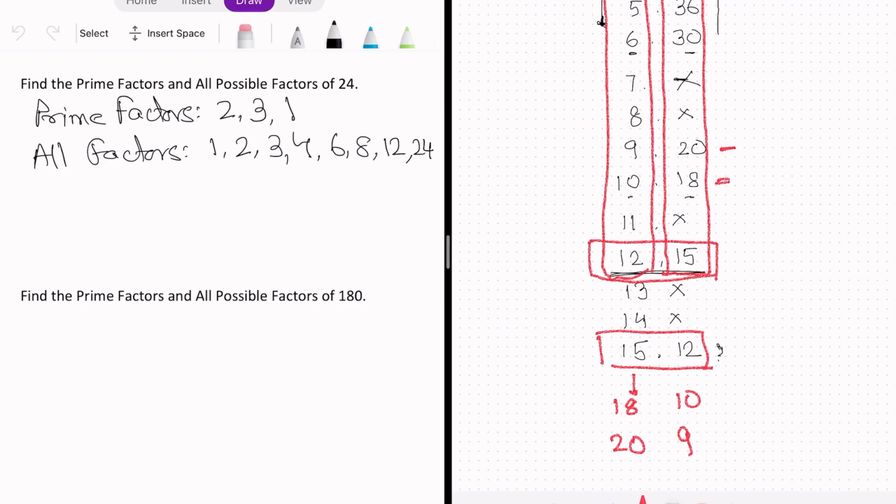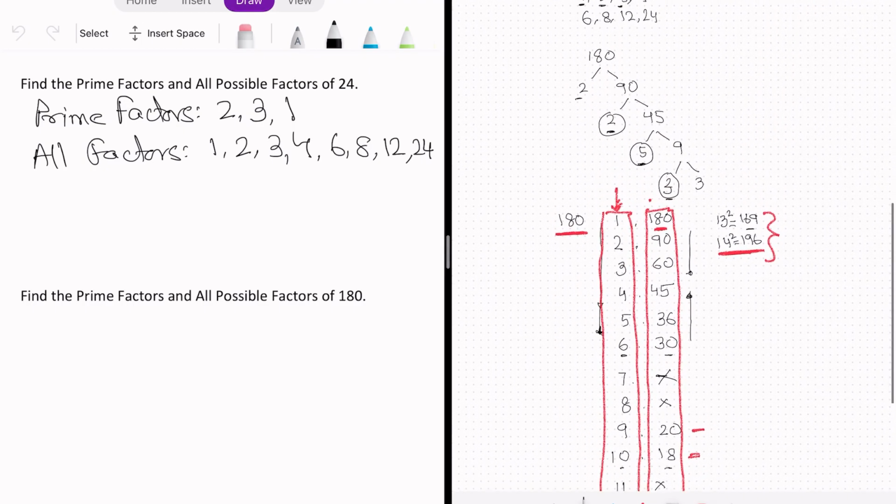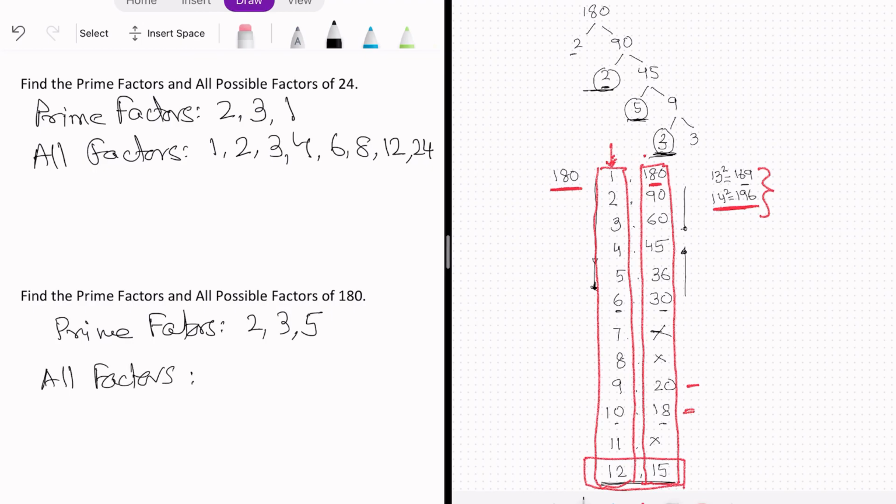So let's write down the answer. Prime factors of 180 will be 2, 3, and 5. That's 2, 3, and 5. And all factors of 180 will be this huge list.